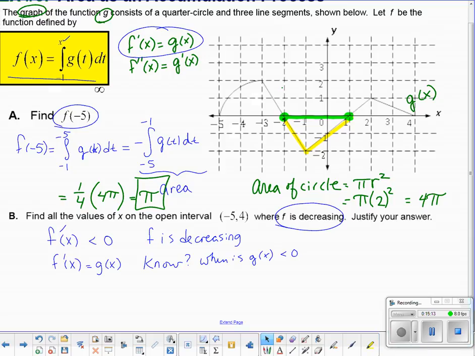F of x is decreasing. You know what? I don't want to prime there.